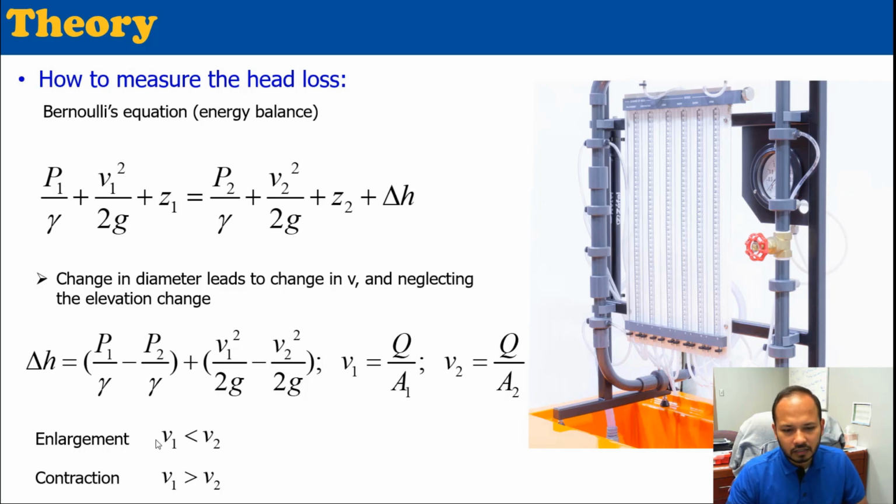On the other hand, when you are in the enlargement section and you're going to the contraction section, the velocity at the contraction region will be higher. So let's move forward.